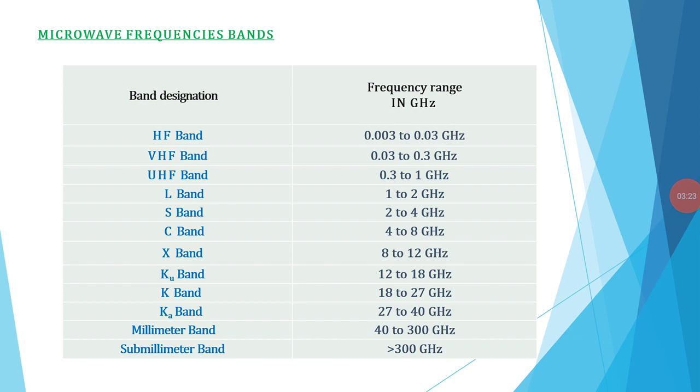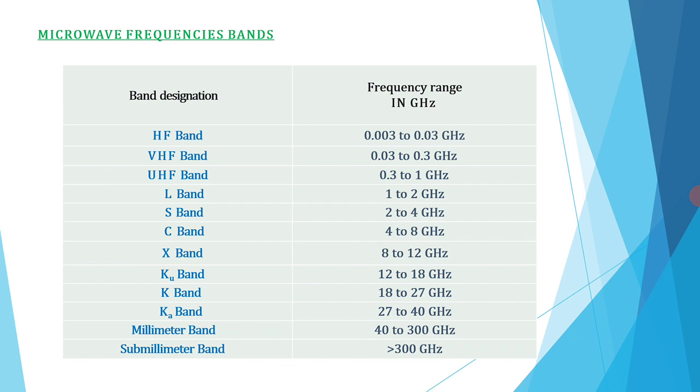Now here HF means high frequencies. Here VHF is very high frequency. Very high frequency band ranges from 0.03 to 0.3 gigahertz, and ultra high frequency band ranges from 0.3 to 1 gigahertz.